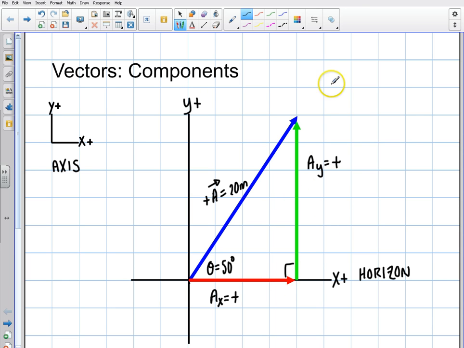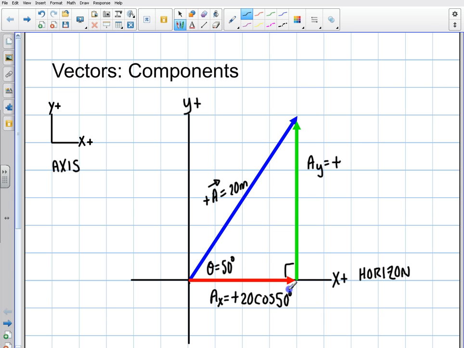Now, one of the reasons we choose to drop this always to the horizontal axis is simply because when I'm dealing with the components, I have to use trigonometric functions to find out the x component and the y component. But there is a default method when you drop it to the horizontal axis like this. The x component is always going to be the magnitude, which is 20, times the cosine of this angle, 50.